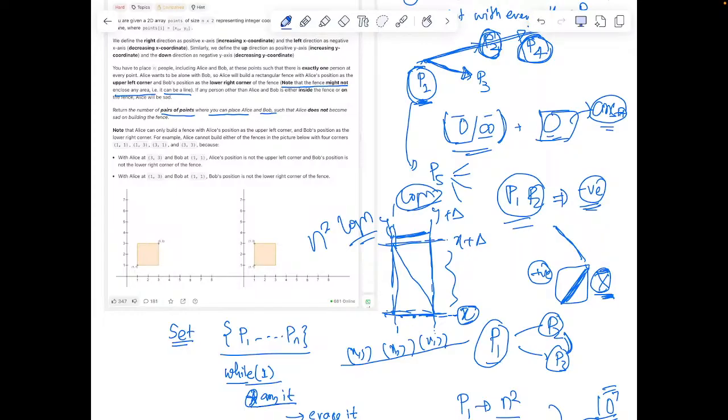N square is okay, but if we do axis transformation, then also what are you saying, man? No, axis transformation is not needed. But how do we know those points are not in this territory?